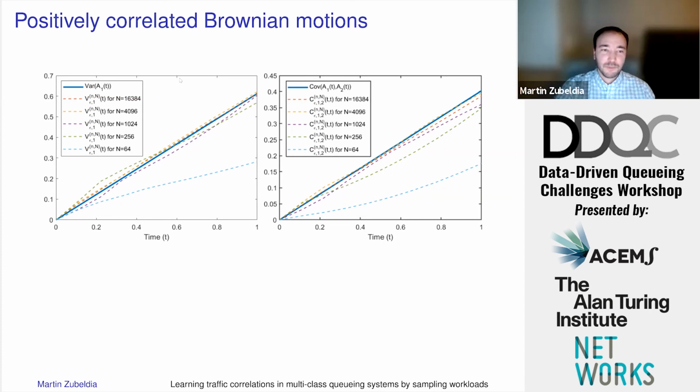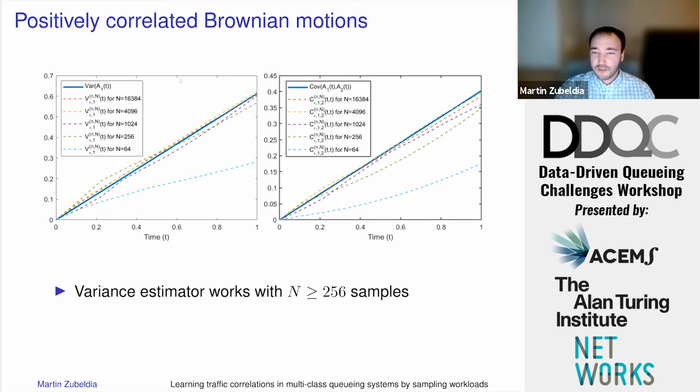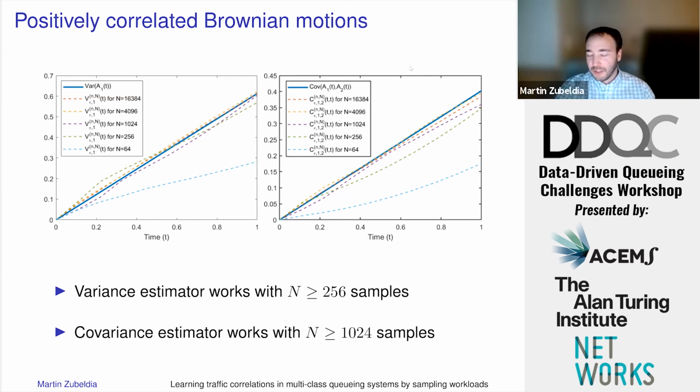But then from 256 onwards, this estimator works fairly well. For the covariance, because we have kind of a more complicated function, we have kind of compounding errors. We need a little bit more samples. 256 is not really enough. Perhaps you could say that you need at least 1,000 samples in order to get a more accurate estimate of the true covariance.